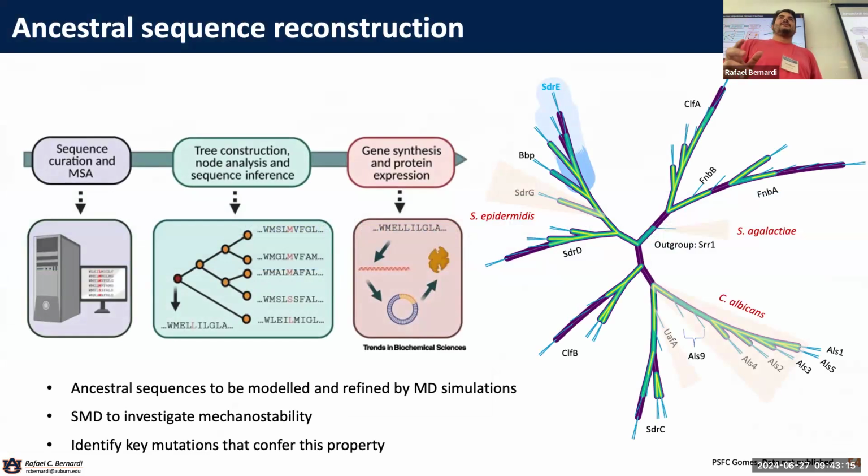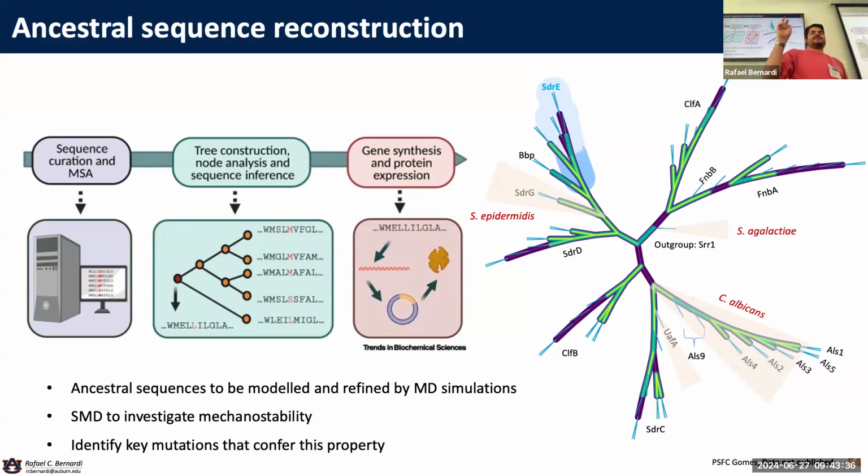She noticed that because we were testing basically all adhesins with AlphaFold and then doing some simulations. We were doing like 20 replicas of pulling for each one of these adhesins. Then she noticed that the ones that were isolated more recently, the ones that were methicillin resistant, were actually stronger than the ones that were methicillin susceptible.